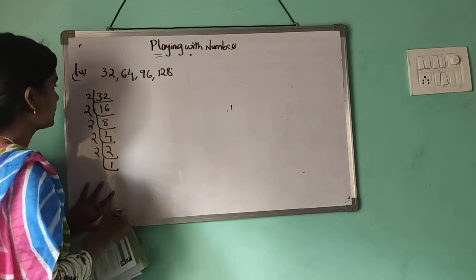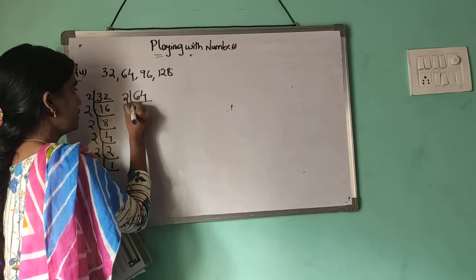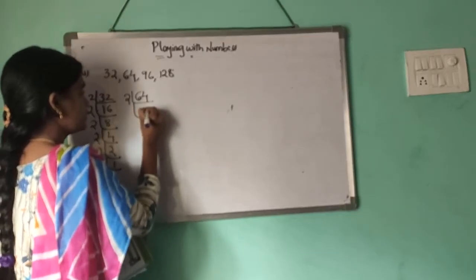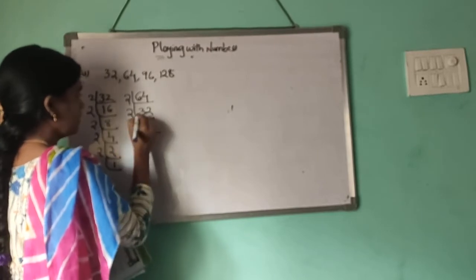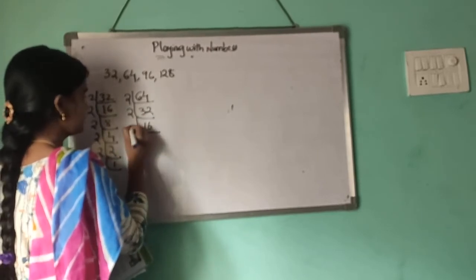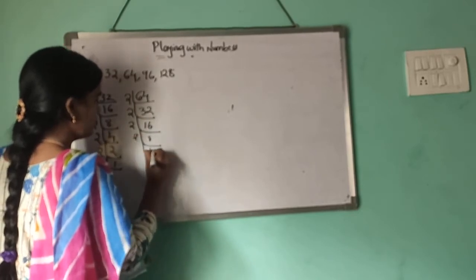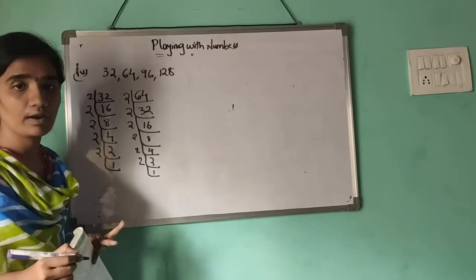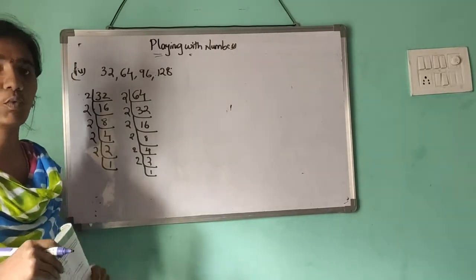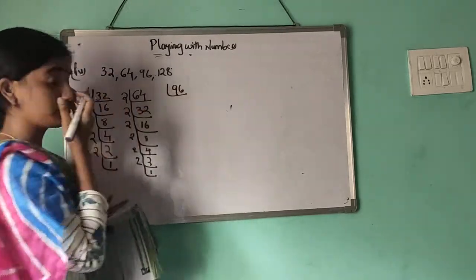You have the same. Coming to 64, also same. 2 table: 3 2s are 6, 2 2s are 4.